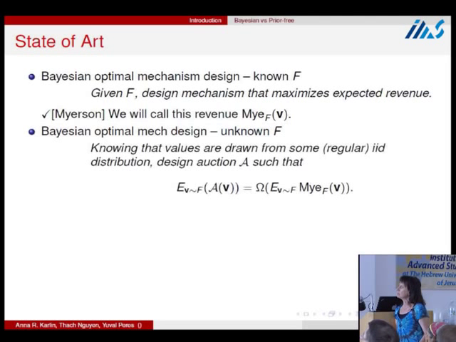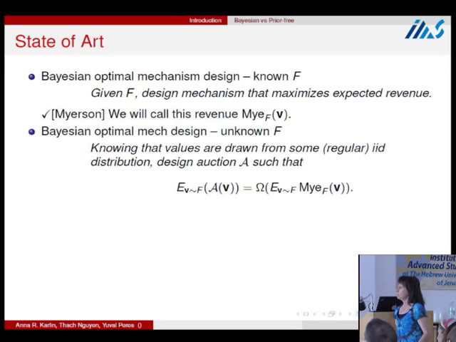In this setting, you get told that the values are going to be drawn, let's say, from some regular IID distribution. And what you try to do is design an auction whose expected performance over values drawn from that distribution is within a constant factor of the best possible for that distribution. Okay, so this is a statement about averaging over all the inputs.